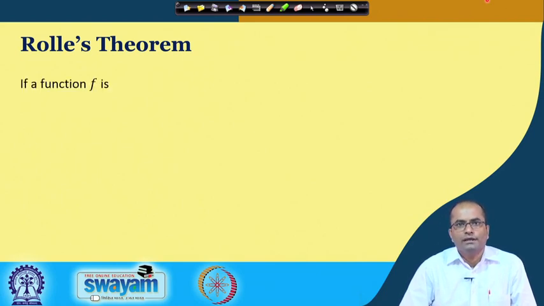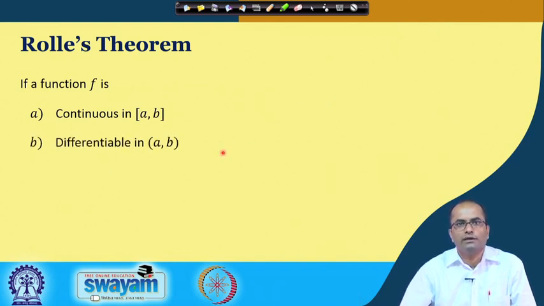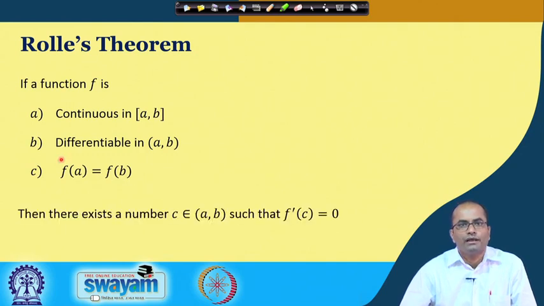Rolle's theorem: if a function f of a single variable is continuous in the closed interval [a, b] and differentiable in the open interval (a, b), and there is one more condition, that the function value at a is equal to the function value at the point b, so the two end points the function is taking the same value, in that case the theorem says that there exists a number c in the open interval (a, b) such that f'(c) is equal to 0.